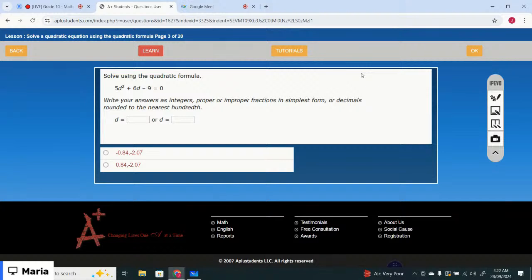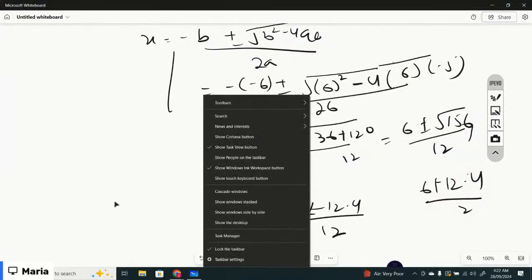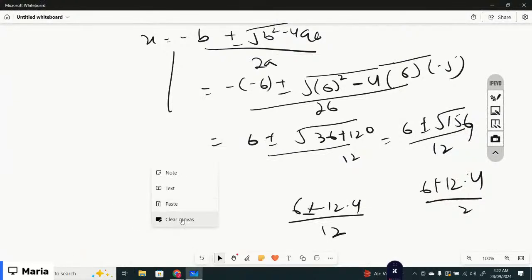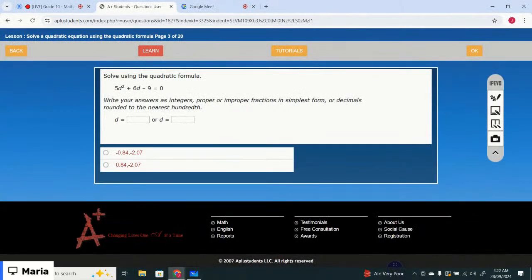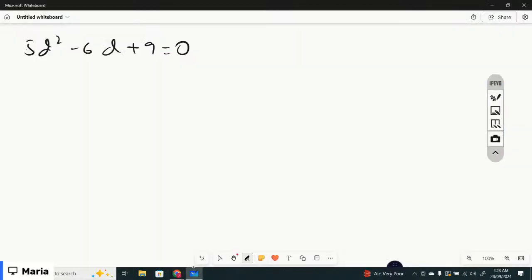So the correct option is option number... Okay, let's just use the quadratic formula, right? 5d square minus 6d minus 9 equals 0, right?